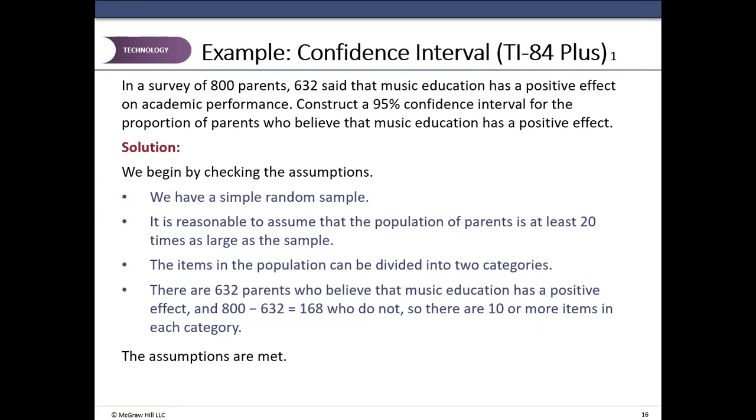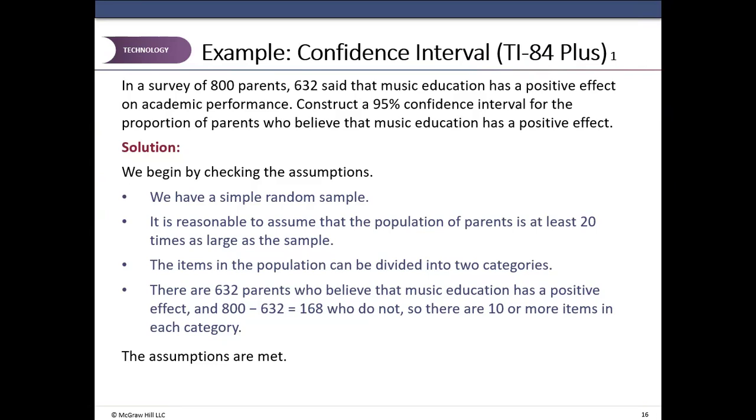We begin by checking the assumptions. Simple random sample? Yes, this is a simple random sample. It's reasonable to assume that the population of parents is at least 20 times as large as the sample. The items in the population are divided into two categories, success and failure. Out of 800 parents, 632 believe that music has a positive effect on education.